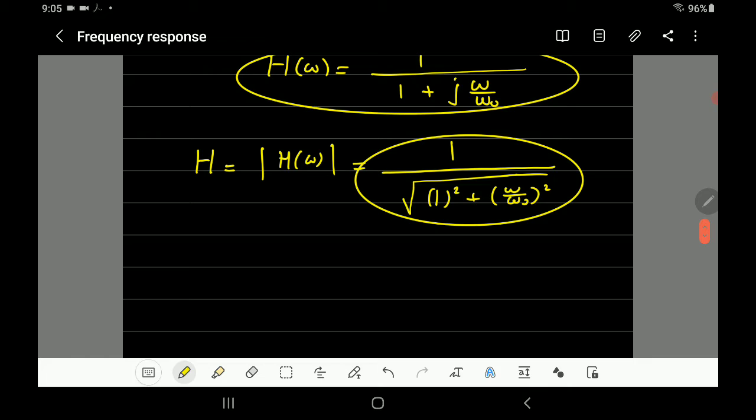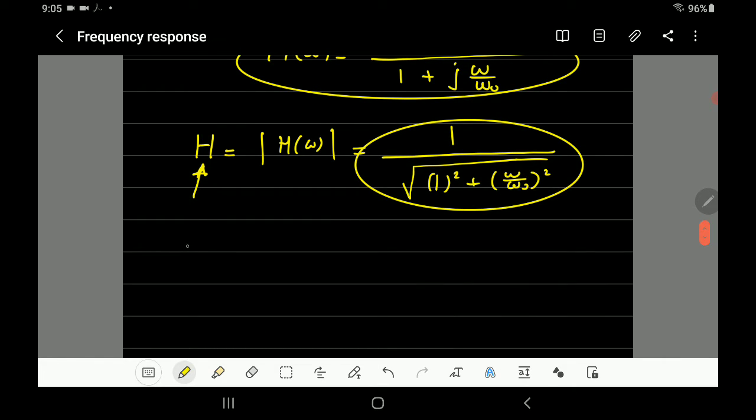Good. So I want to study the magnitude of H, how it changes when I change omega. Remember, this omega is the frequency of the supply, but omega naught is constant, depends on the RC value, the parameter of the circuit.